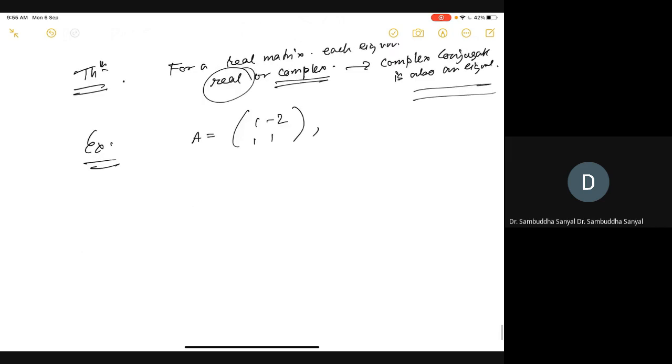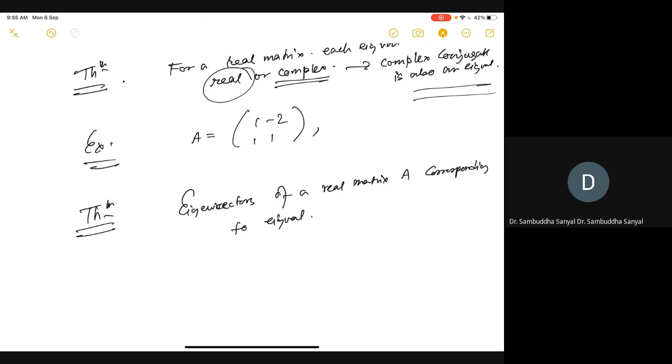Now there are some other useful properties. Eigenvectors of a real matrix corresponding to an eigenvalue lambda that is also real can be chosen real, because the eigenvectors have some arbitrariness associated with them.